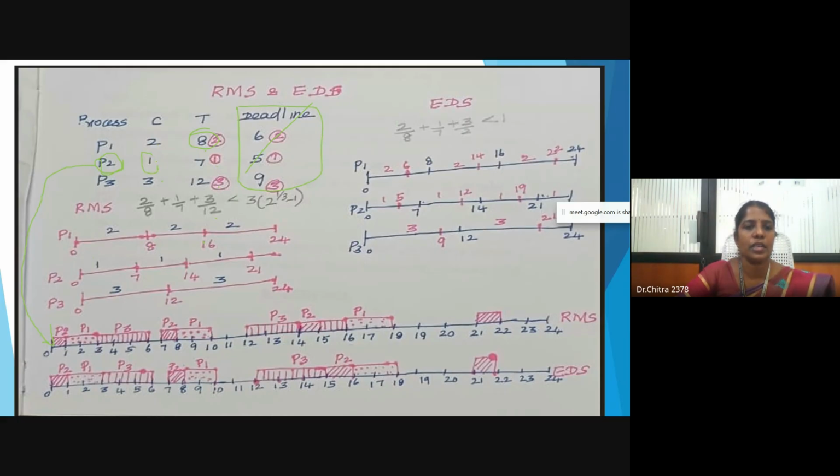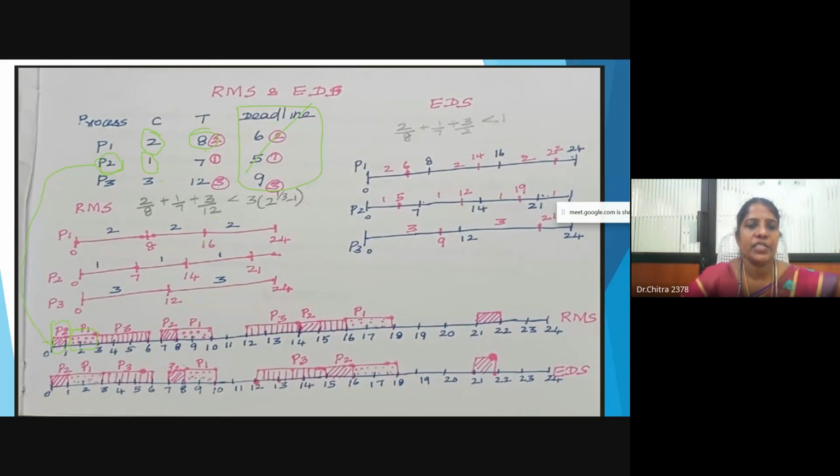Only one clock cycle, and this one clock cycle is executed. Then for which process is the second priority given? Based on the period, the second priority is given to P1. P1 requires 2 clock cycles, and that's executed here.